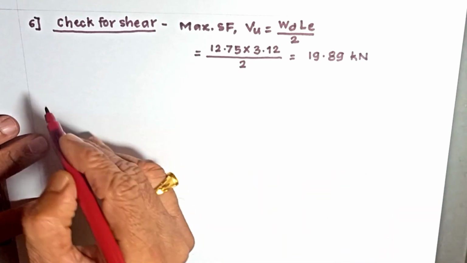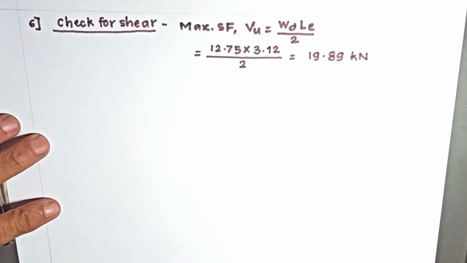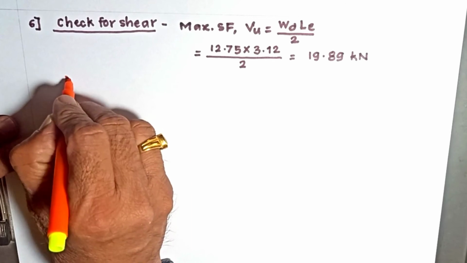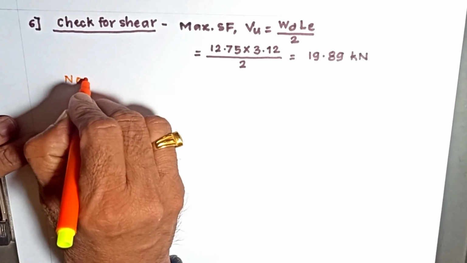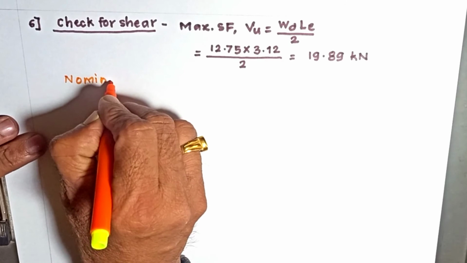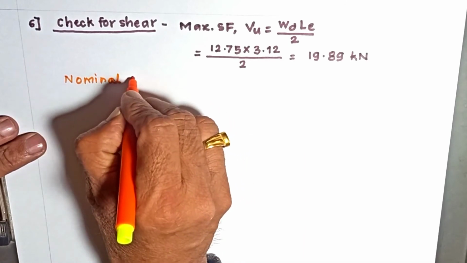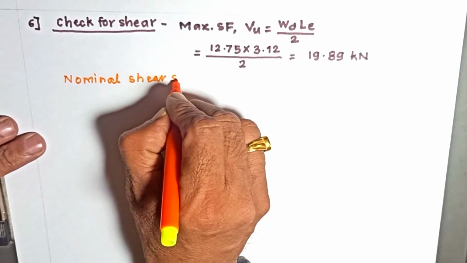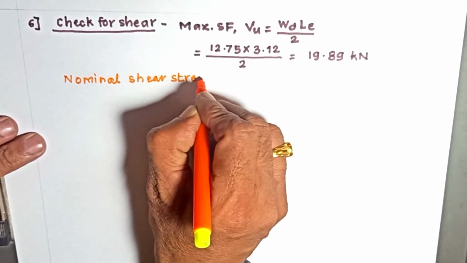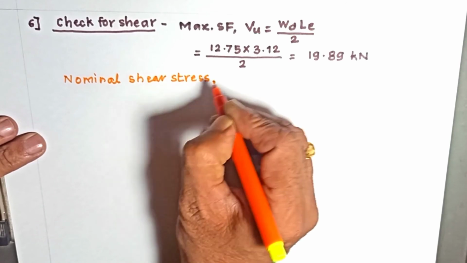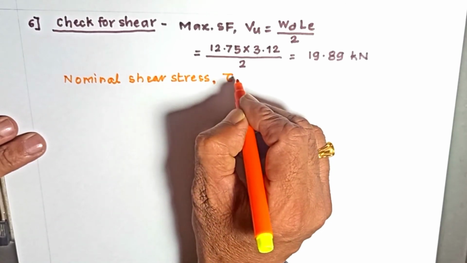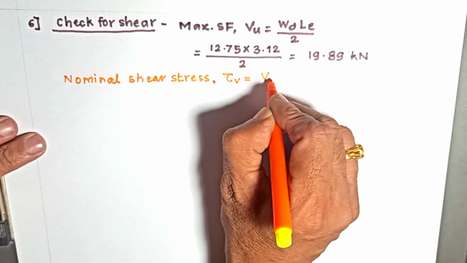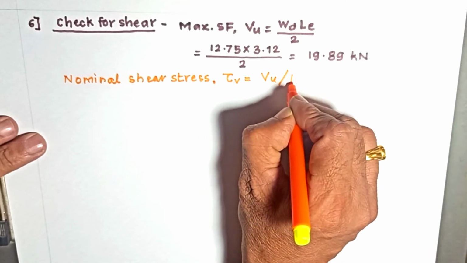So nominal shear stress, which we call tau V, equals VU divided by BD.